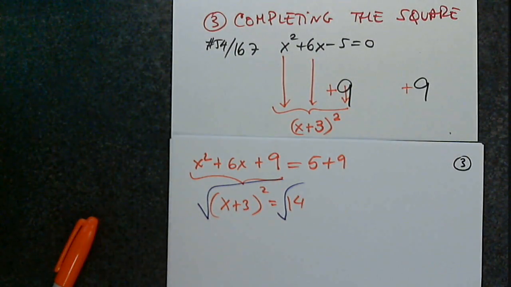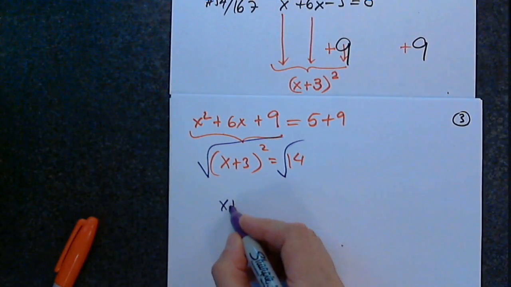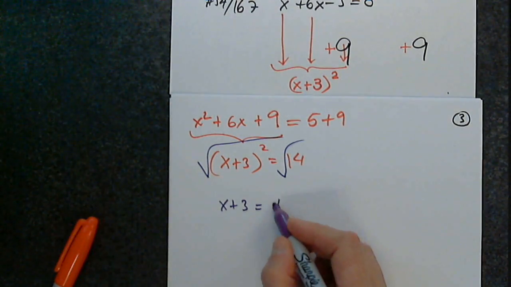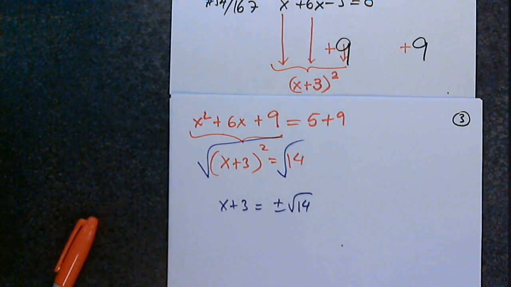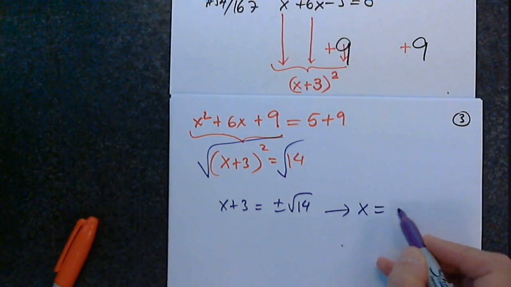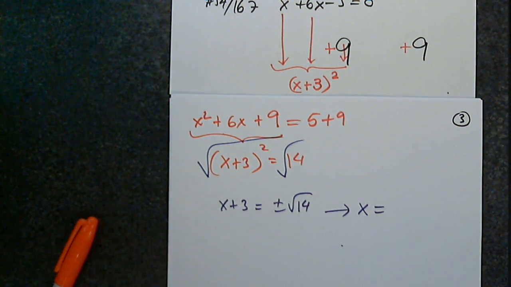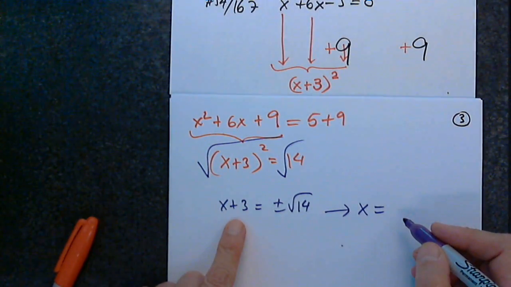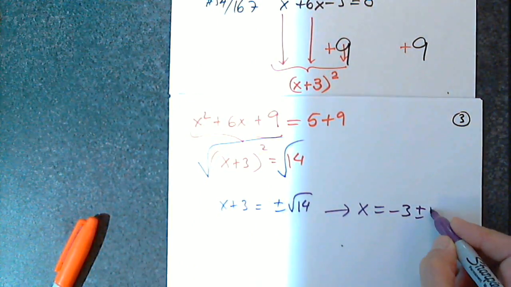And now I go back, and all I have to do is write that x plus 3. It should be the absolute value. Instead of writing the absolute value on x plus 3, what do I write? Plus or minus the square root of 14. And then I have to move 3. And when I move 3, I finally get the final answer to be negative 3 plus or minus, careful, it was positive here. Very good, negative 3.